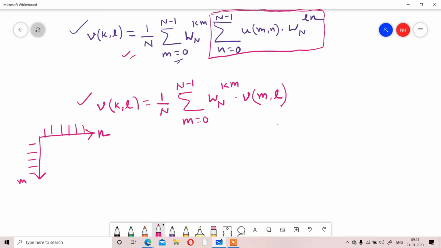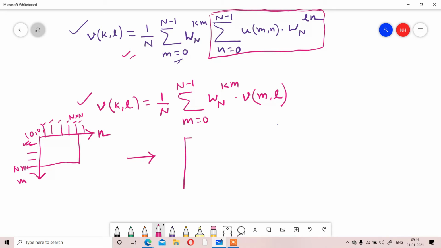For a single value of m, if we consider the first step or the first expression, suppose the size of the image is n cross n. For this single value of m, all the n values are operated on.